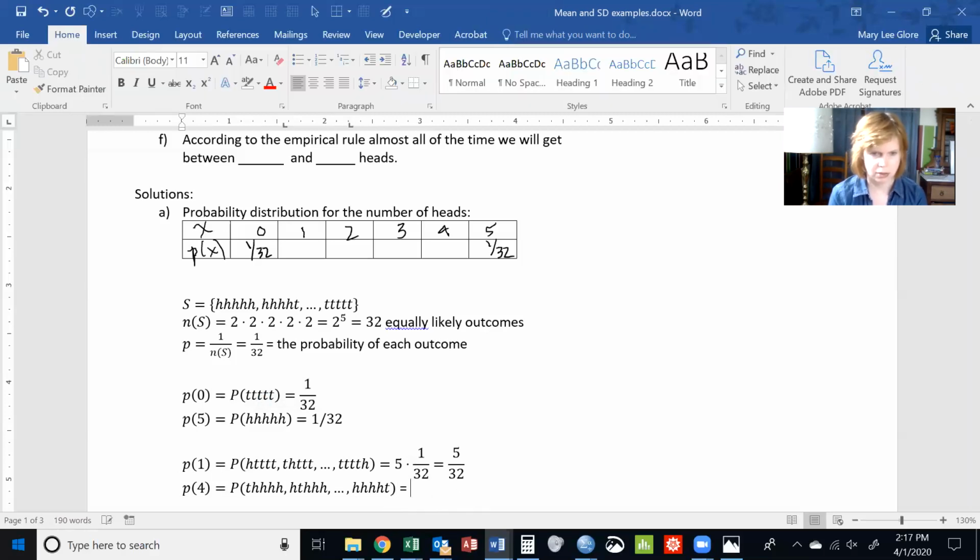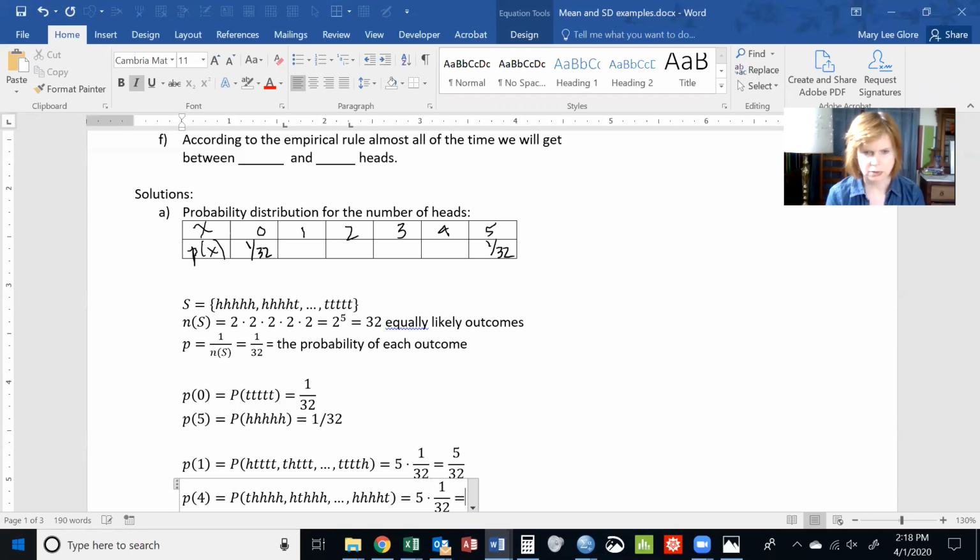And again, there's 5 of those. And they all have probability 1 over 32. So that one as well has probability 5 over 32.